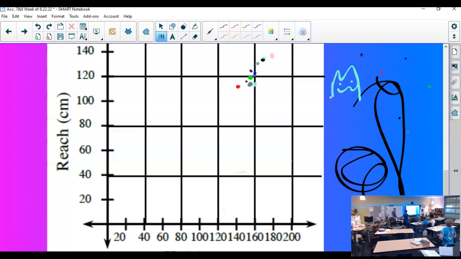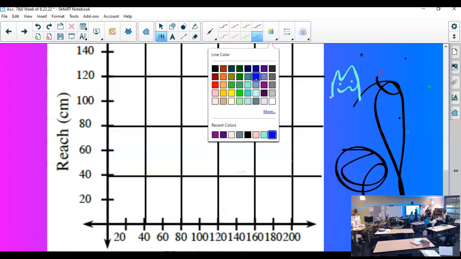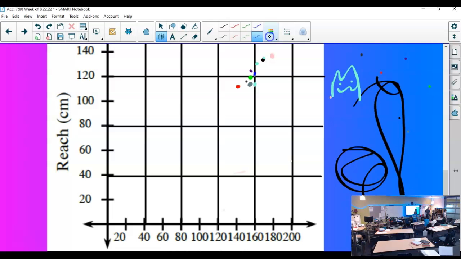All right, final points. Let's get them up here. Think how accurate you guys are getting taking the shoes off. I can erase all the extra stuff.